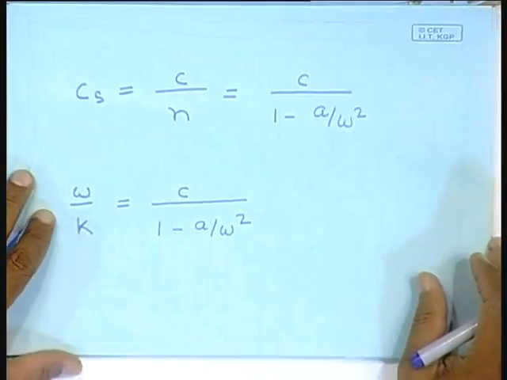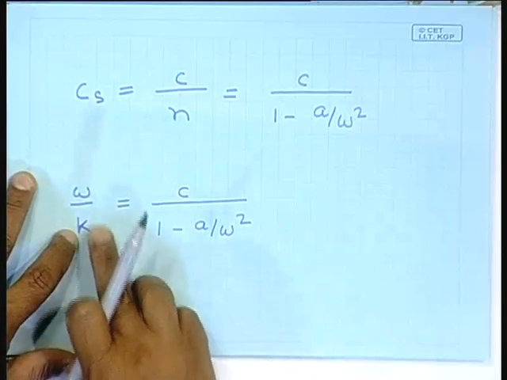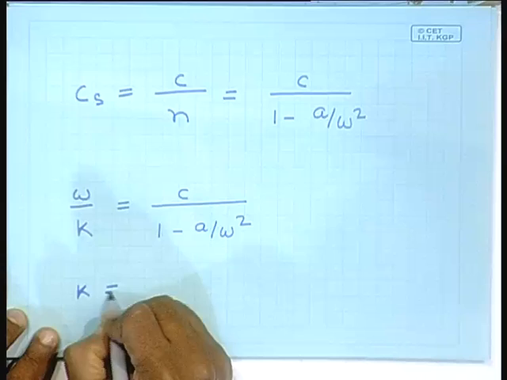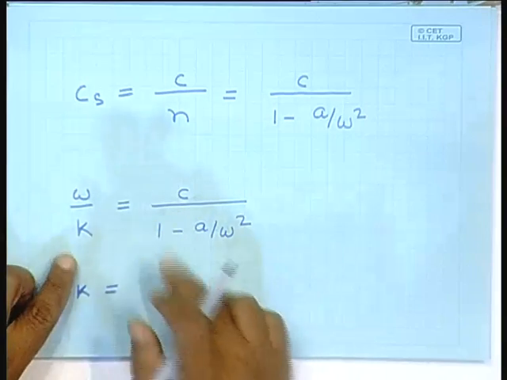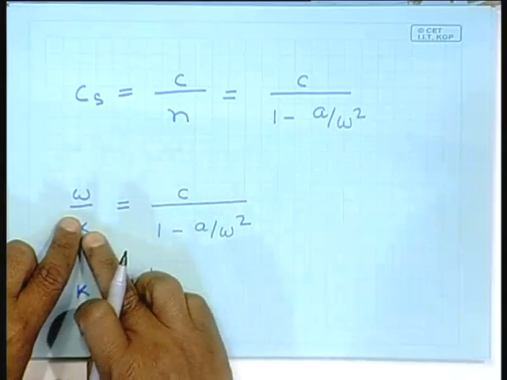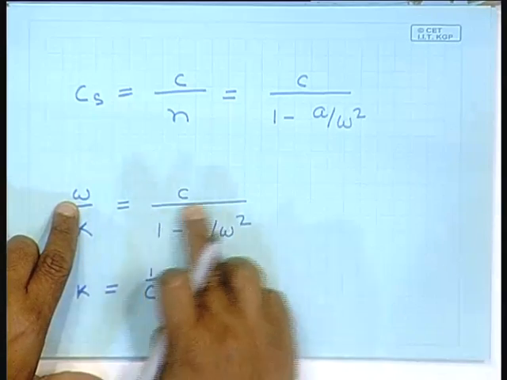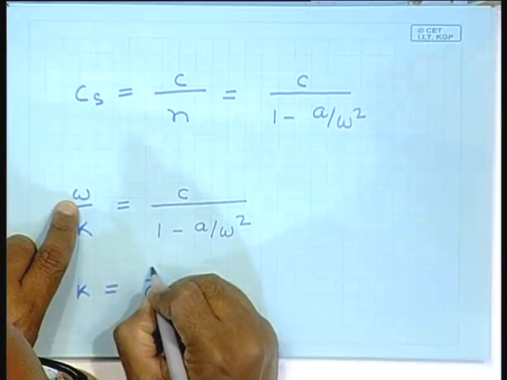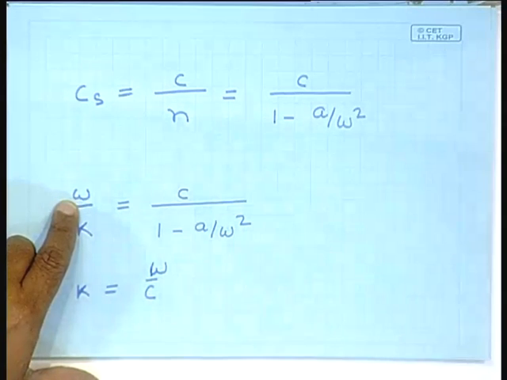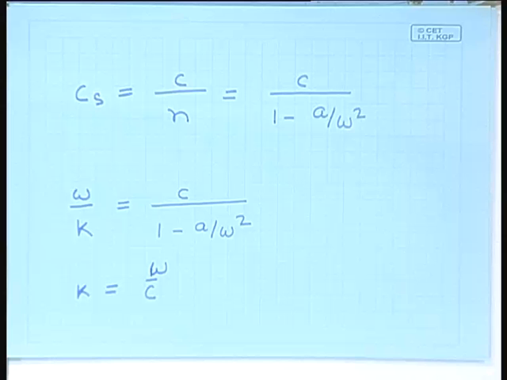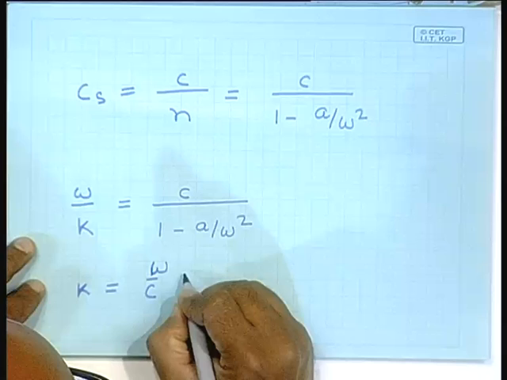So what we do is we obtain an expression for k in terms of omega. Let us do that. So, k is going to be 1 by c into omega times this expression over here. So, we have one term which is omega by c, and then we have another term which is going to be minus.